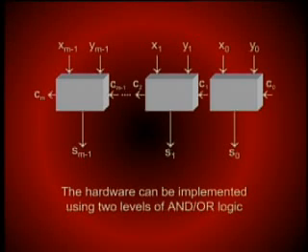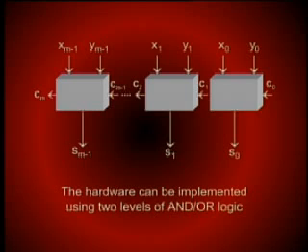From the right side we have the least significant input, two digits x0, y0, the carry is c0, result sum s0, and carry c1 is fed to the second stage, and so on. We have m stages. The last stage would give us a sum s(m-1), and the carry would correspond to cm.